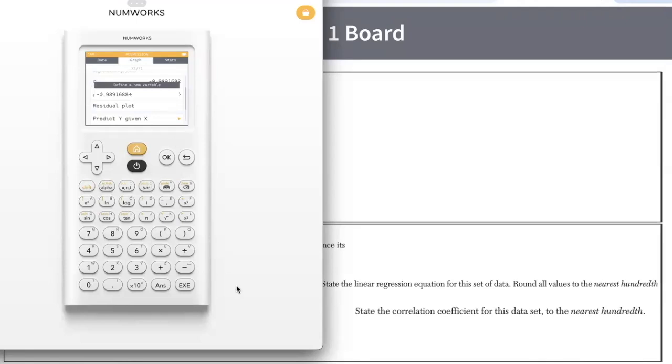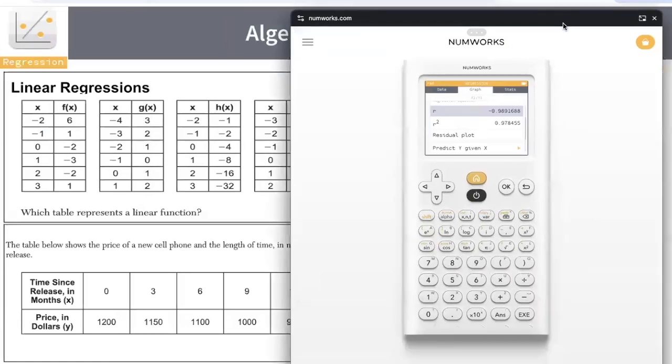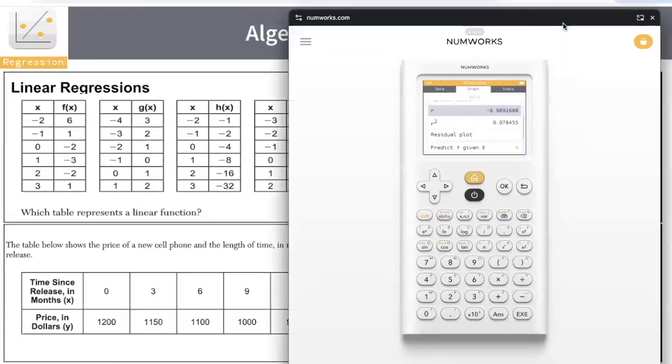I can hit var and maybe store it as R. And then I could always jump back to my calculation screen and use that rounding feature that I showed at the beginning so that the student is correctly rounding to the nearest 100th place as well. So again, our apps will talk to each other and anything that you stored in the calculator will be stored between all of the apps so you can use that variable or that function as well.